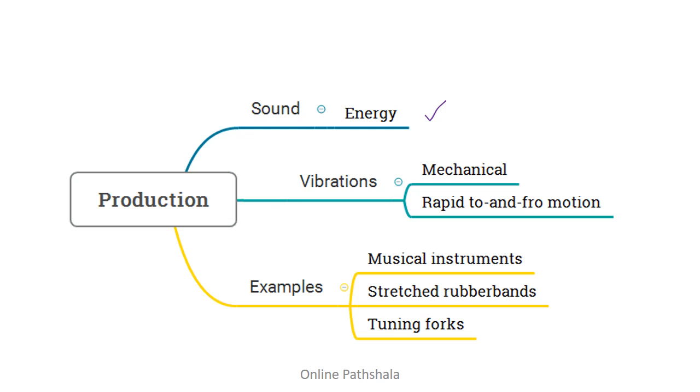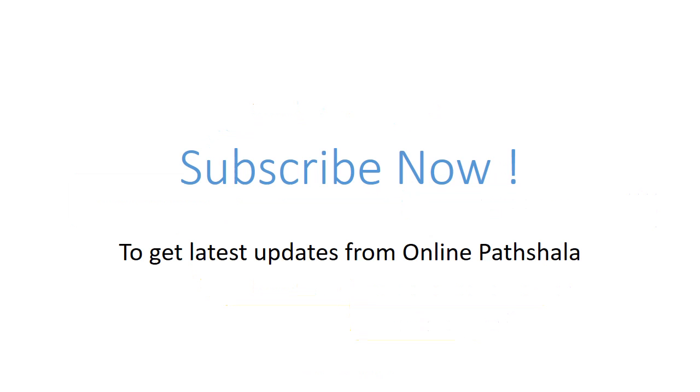Mechanical vibrations need to be there to be able to produce sound, and vibration is nothing but the rapid to and fro motion of anything like a string. And then we looked at a whole range of musical instruments and also tried to explore the kinds of sources of sound coming from them. We looked at another two examples, that of a stretched rubber band and tuning forks, which produce sounds. So that was all about how sound is produced.